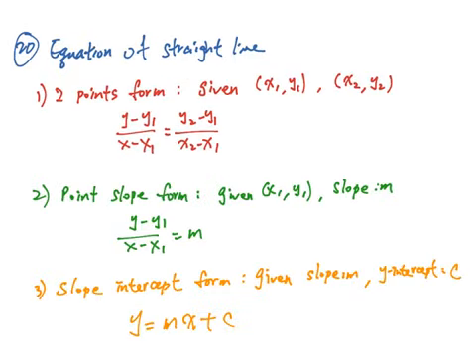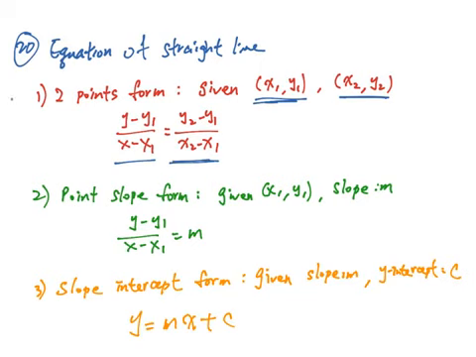Next one is about the equation of straight line. That means we want to create the straight line equation. There are three formats. The first one is called two-point form. Given 2 points, we use y minus y1 over x minus x1 equal to y2 minus y1 over x2 minus x1.